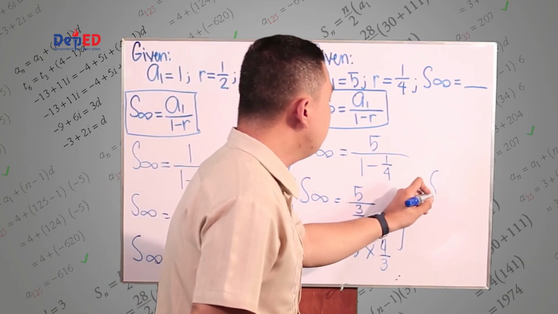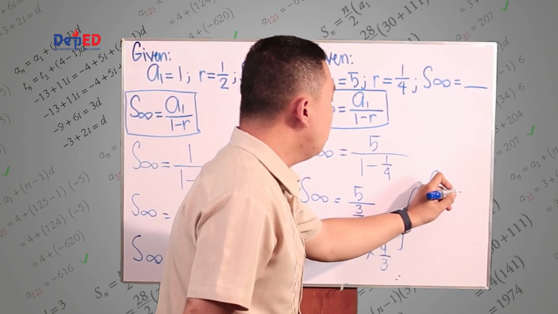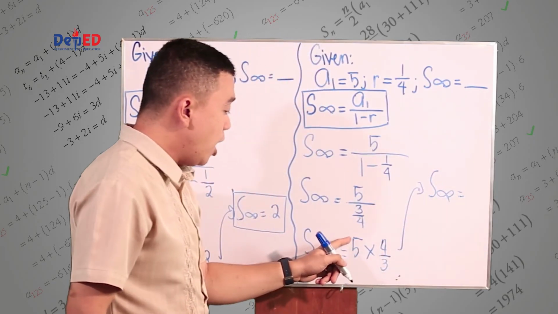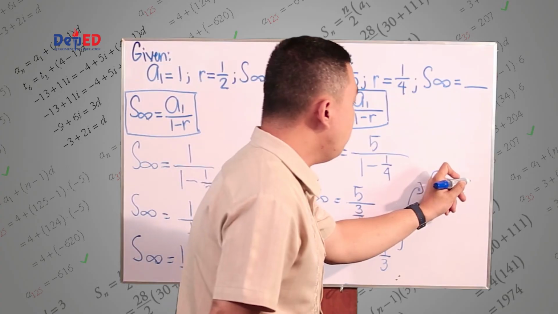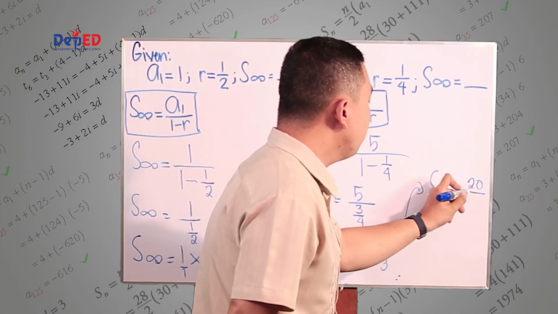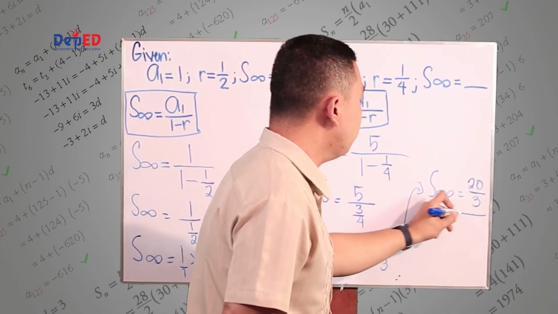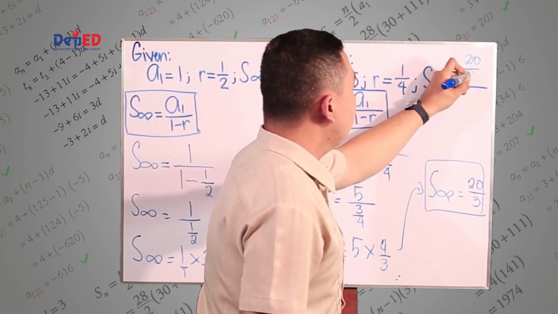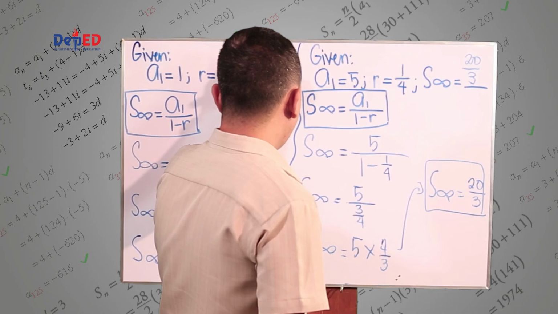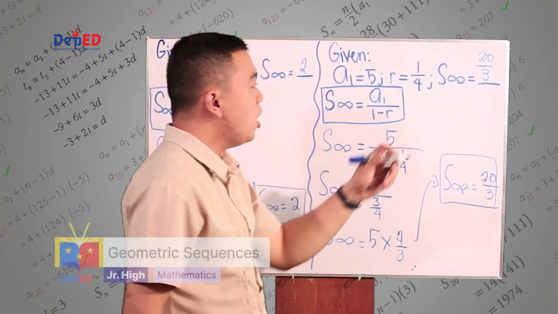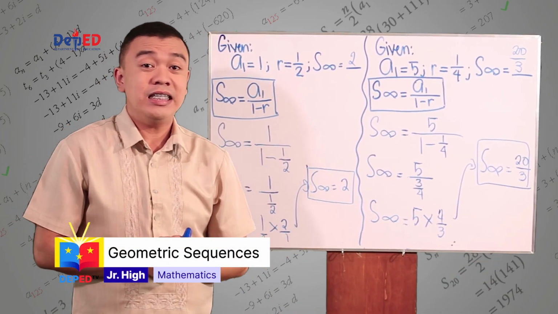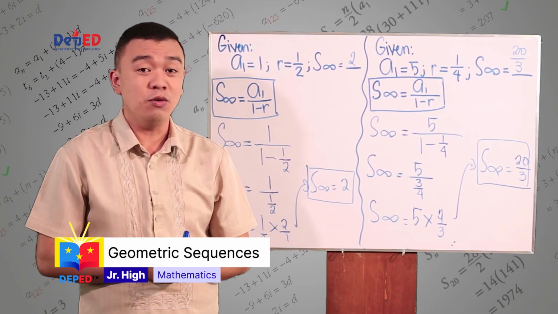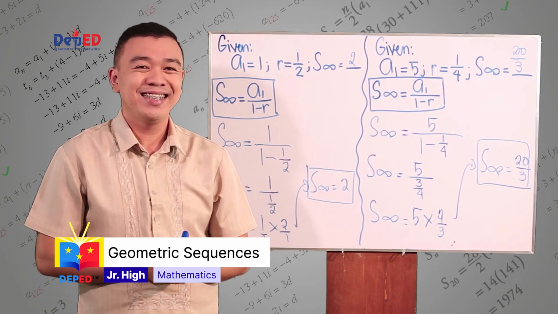So the sum to infinity here is equal to 5 times 4, which will give us 20/3. Thus, in this sequence, the sum to infinity is equal to 20/3.